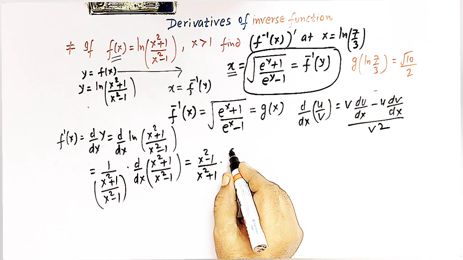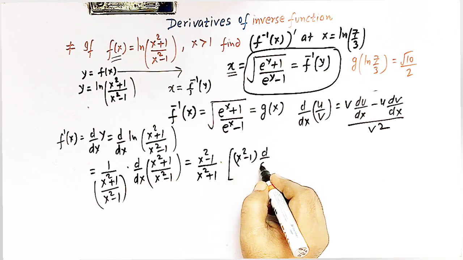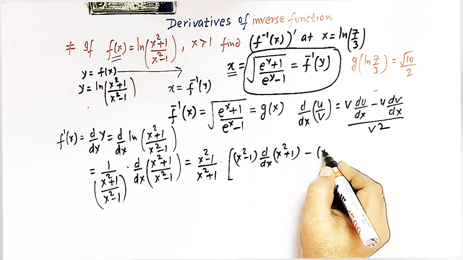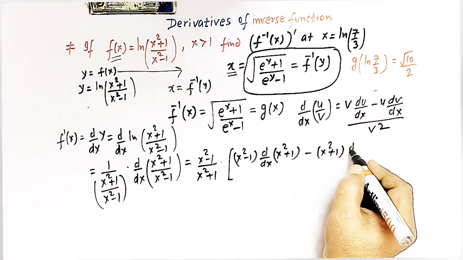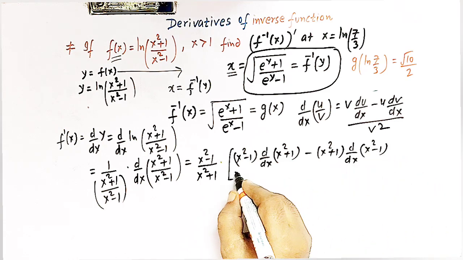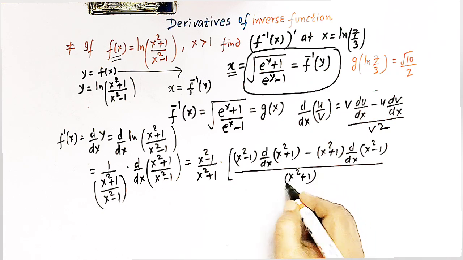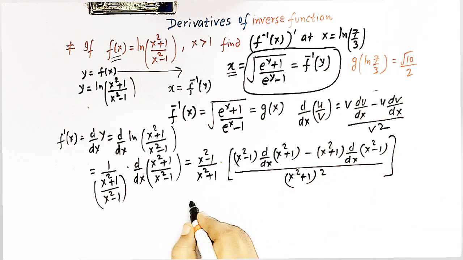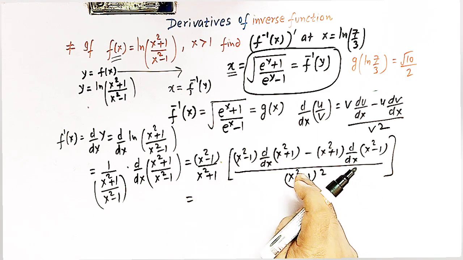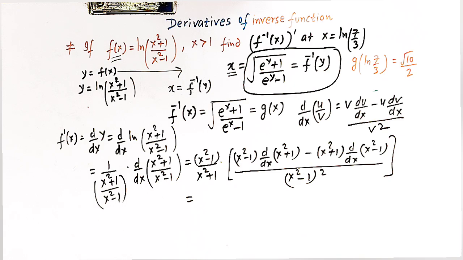So here we can now write x square minus 1, then derivative of x square plus 1, then we have minus x square plus 1, derivative of x square minus 1, and in the denominator we have (x square minus 1) square. So now we have this term, that is here we have x square minus 1, right?